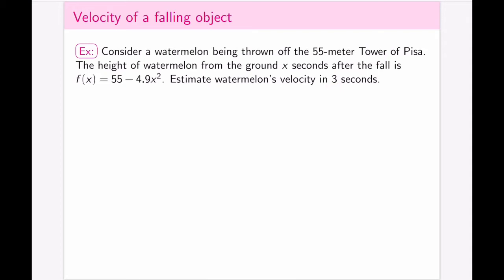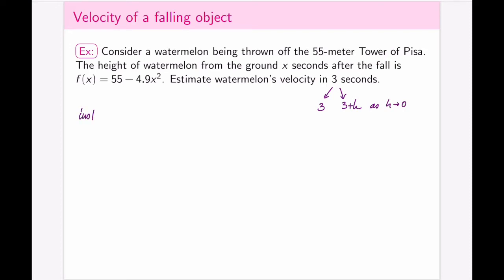So remember last time, because we didn't have the tools to estimate a velocity at any particular point, we had to decide what 2 points to compute the average in between that will somehow be close to 3. Now that we have some understanding of how we can approach instantaneous rate of change computations, we can think of this example as computing the average between 3 seconds and 3 plus h seconds as this h goes towards 0.